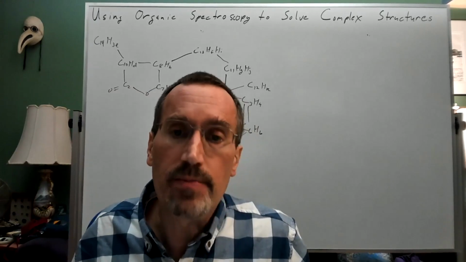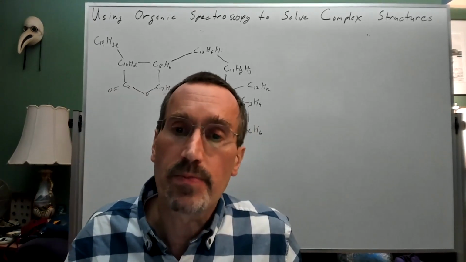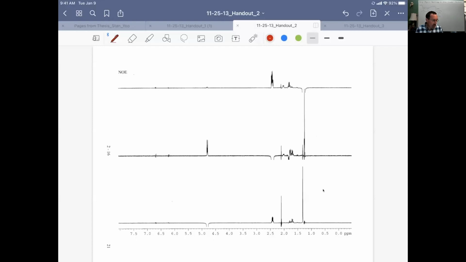All right, so I'm going to share my screen from the 1D NOE spectra. And so the first irradiation I want to emphasize is over here, and it's a little hard to tell what we're hitting, specifically whether we're hitting the methyl doublet, the C14H3L, or the 14K or the 12K methyl.